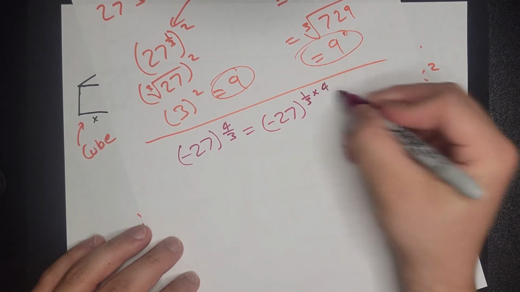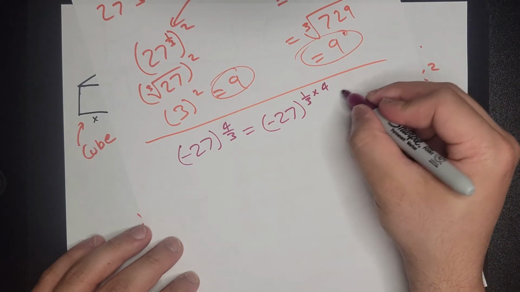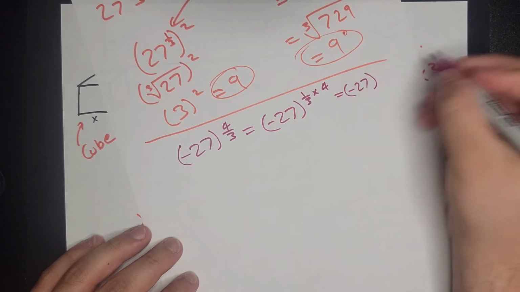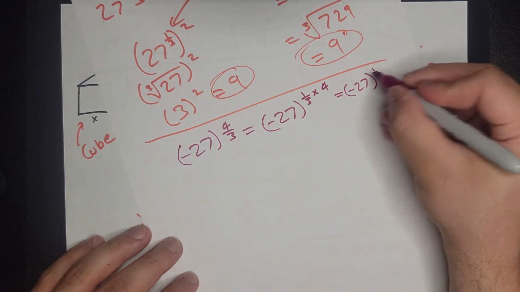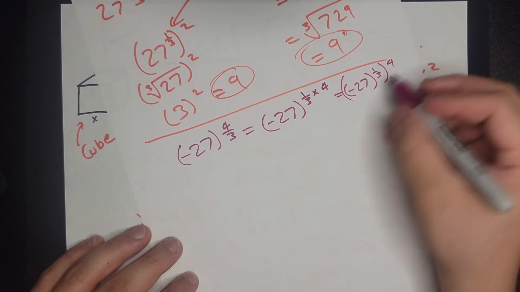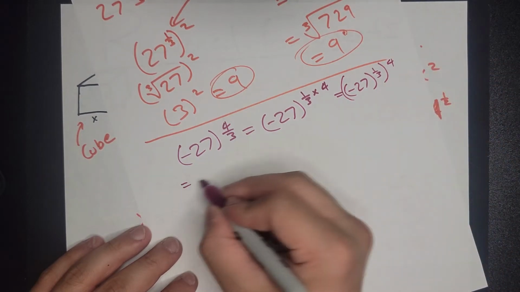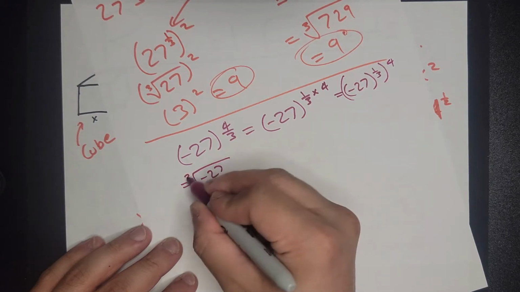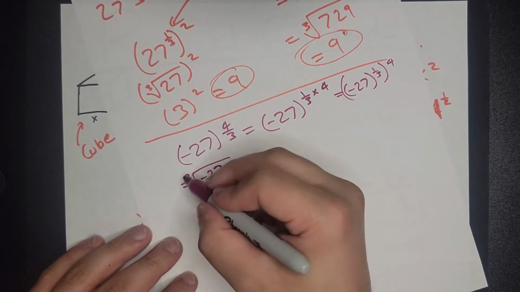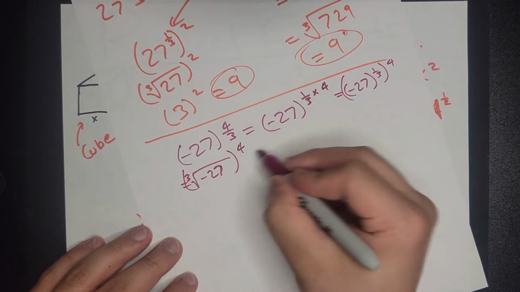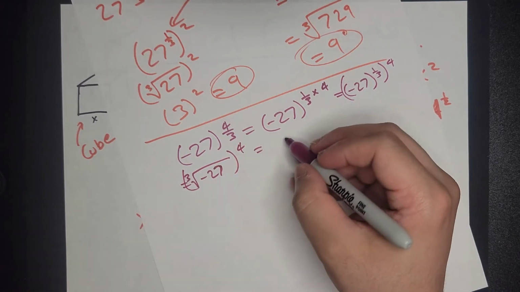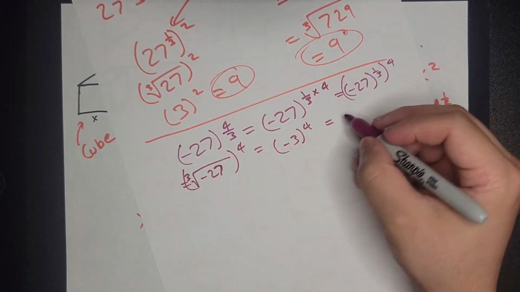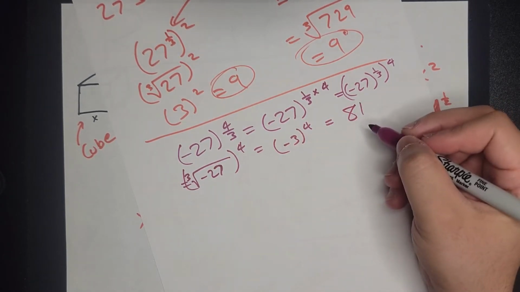Times 4. So that's going to be negative 27 cube root to the power of 4. Cube root of that is going to be negative 3 to the power of 4. And I'm going to get 81.